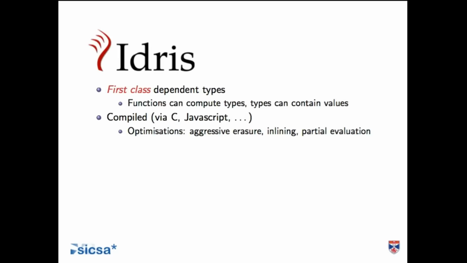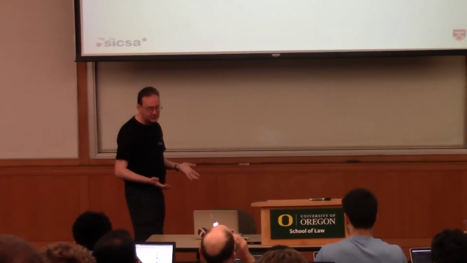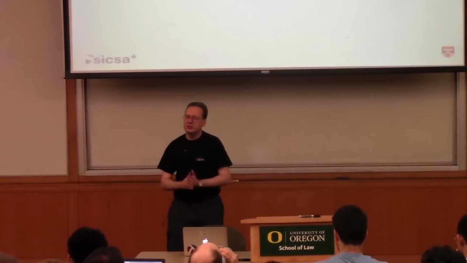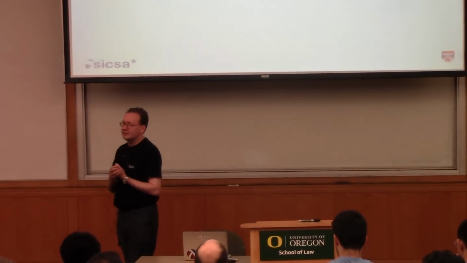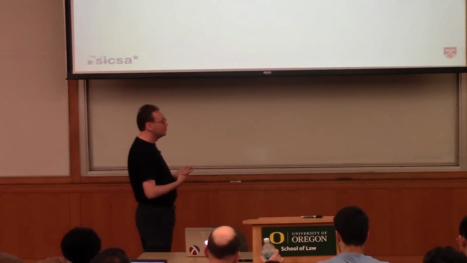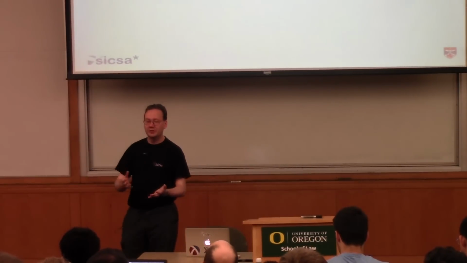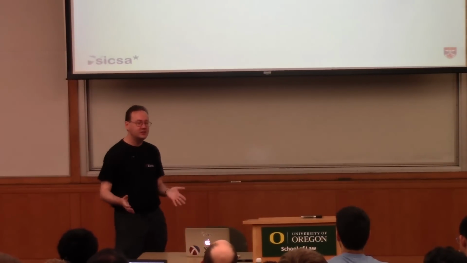It's a compiled language. It targets C by default, so it's a fairly cheap hack backend, to be honest, but it works okay. There's also a JavaScript backend. It's retargetable; there are other languages you can target. But crucially, it takes type erasure very seriously. You tend to find when you're working with fancier and fancier type systems that you end up with bits of program that you never have any intention of executing.